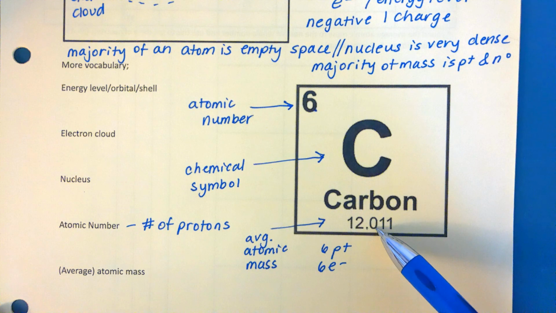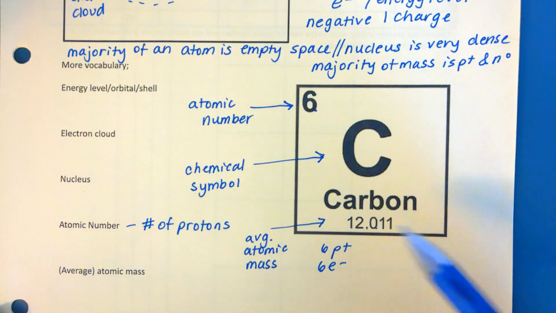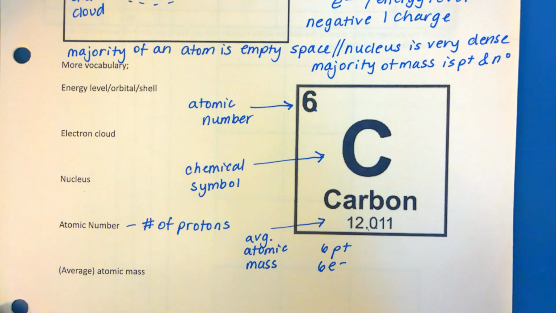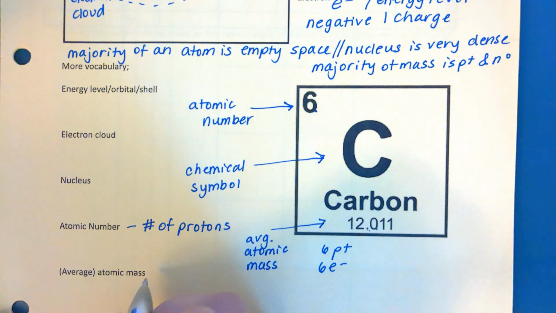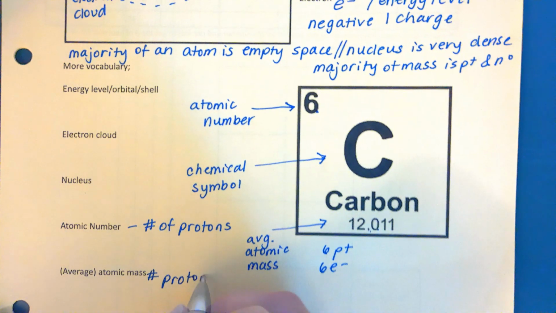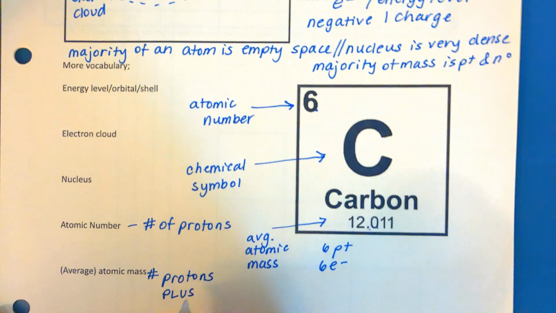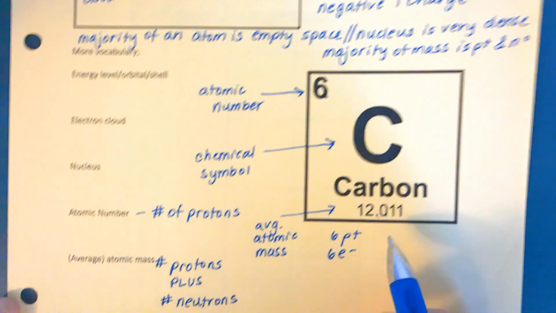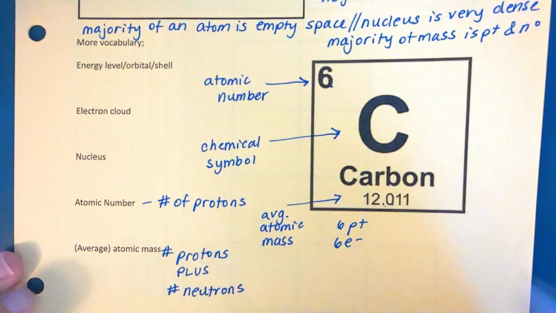We're going to use that number to help us calculate the number of neutrons. Since it's a decimal, the first thing we're going to do is always round it. This number is actually the number of protons plus the number of neutrons. And since we cannot have part of a neutron, we're always going to round that number.